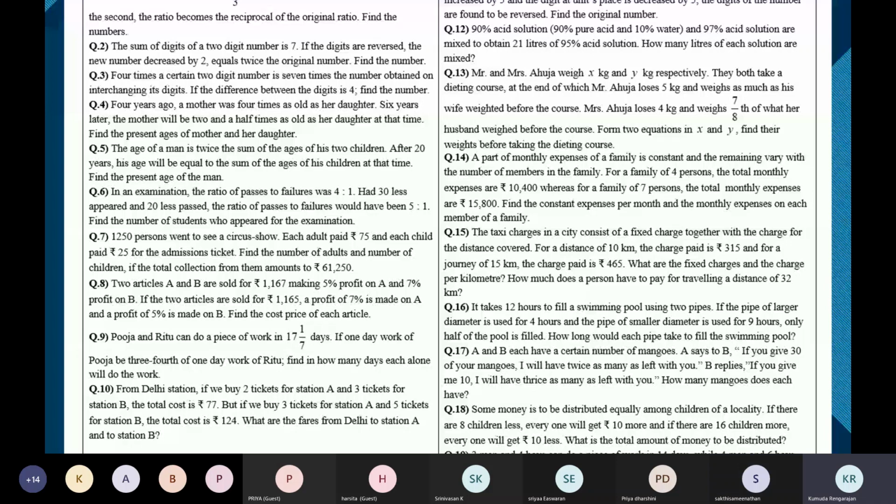Appeared minus passed will be the number of candidates who failed the examination. The ratio of passes to failures is equal to 5:1. You must subtract and find the number of students who failed, then make the equation: number of students who passed by the number of students who failed is equal to 5 by 1.